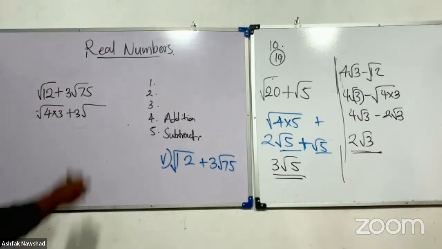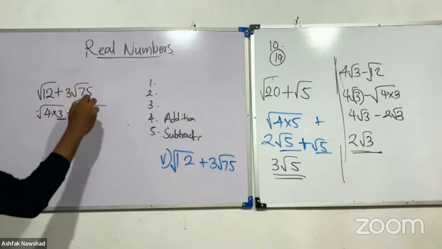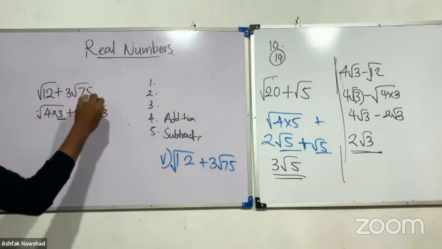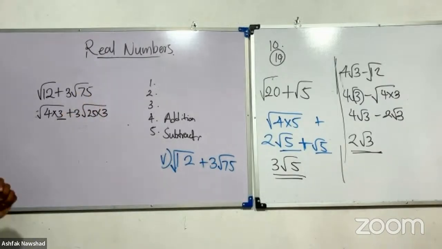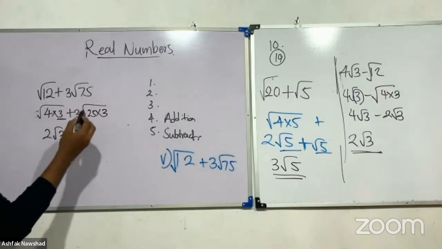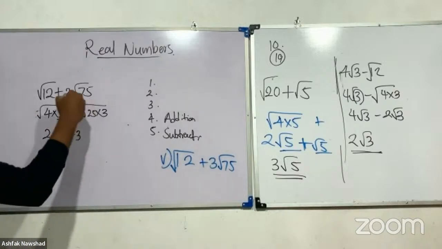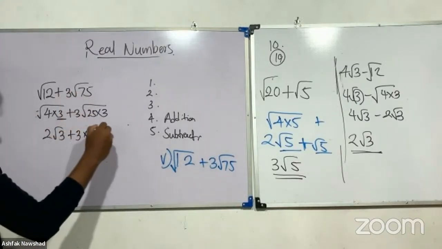Don't bother about this 3, it is there. For 75, see, 3 will be remaining here, so I have to write 75 as a multiple of 3. 3 times 25 is 75. Now if I take the 4 out, this is 2 root 3. And here the 3 just exists. If we take 25 out, it becomes 5.